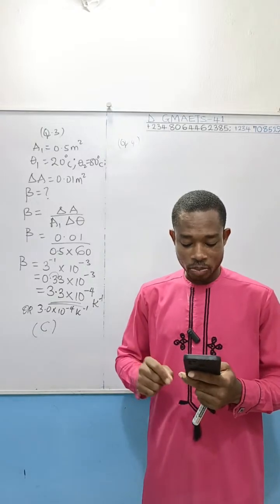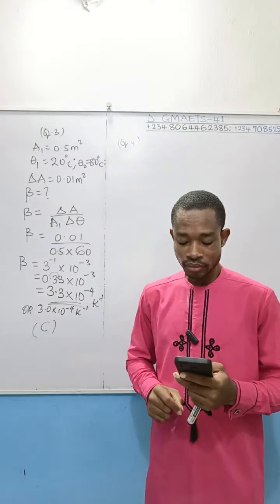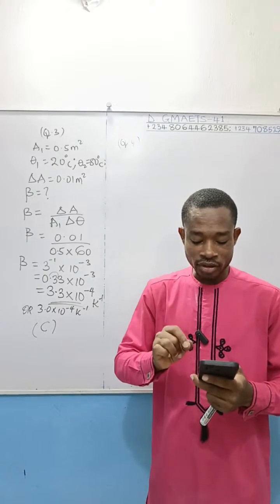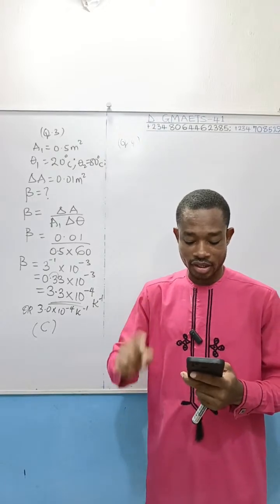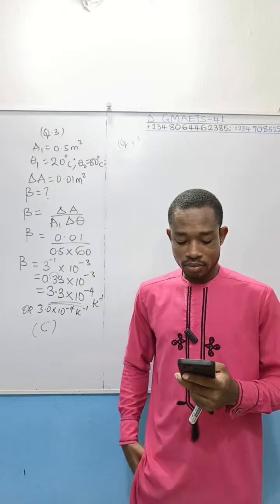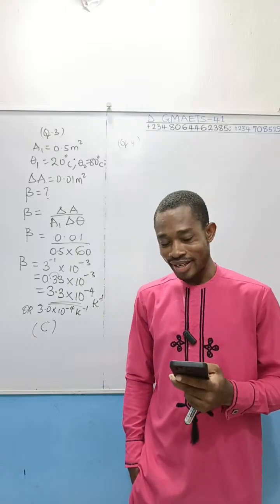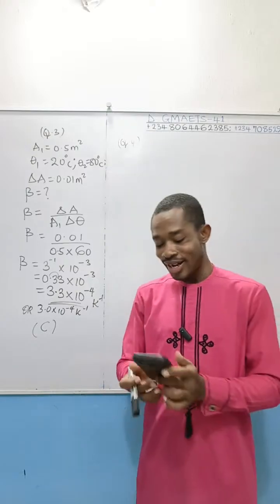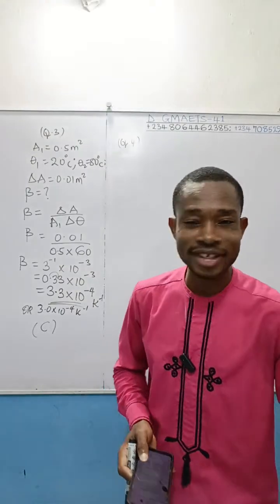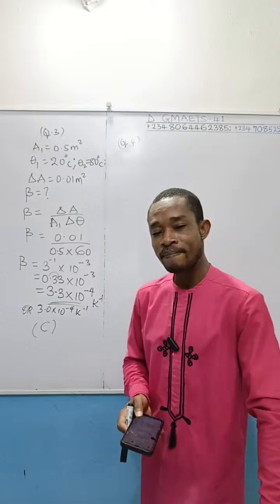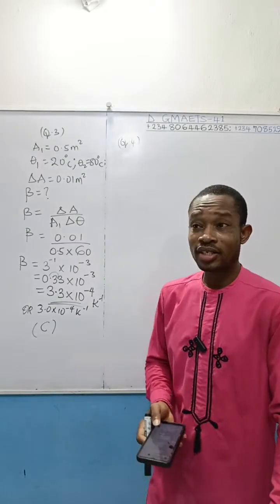In brackets, the coefficient of linear expansion of steel is 11 times 10 to the power of minus 6 per degree centigrade. I don't understand that 11.